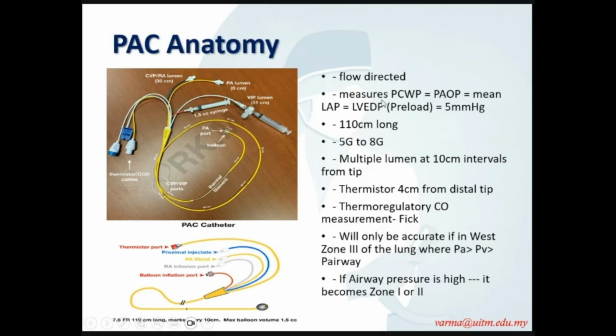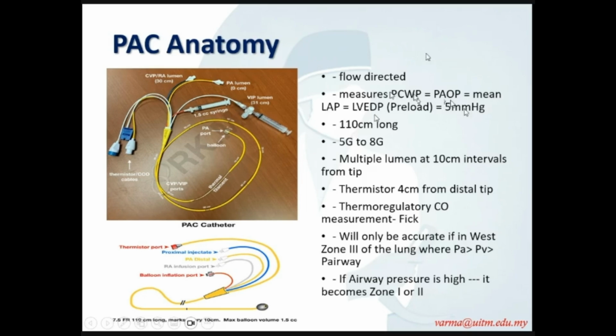It measures pulmonary capillary wedge pressure, which is equal to pulmonary artery occlusion pressure, which resembles the mean left atrial pressure, which is equivalent to left ventricular end diastolic pressure, which is a preload, about 5 millimeters of mercury. So all these are the same. They resemble each other. What we're measuring is pulmonary capillary wedge pressure, because we are wedging the catheter in the pulmonary artery, in the pulmonary capillaries.